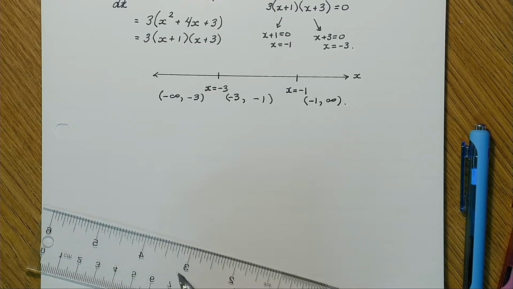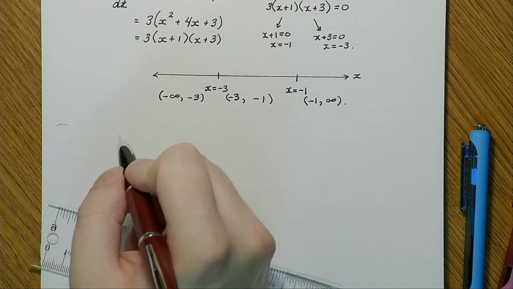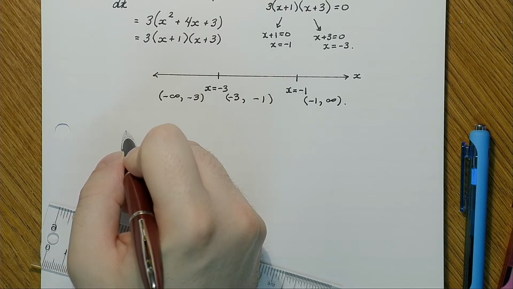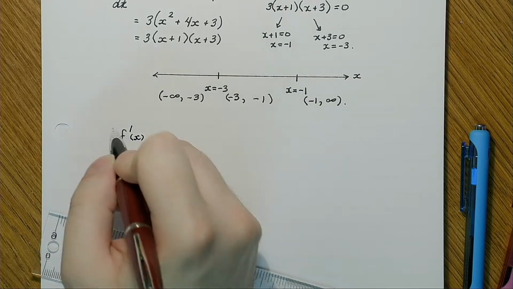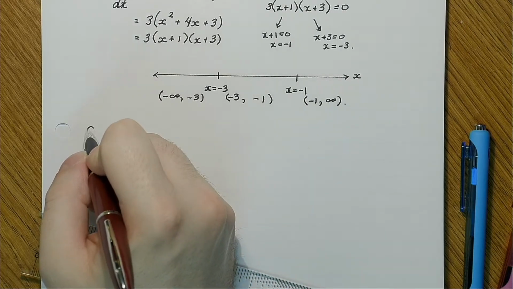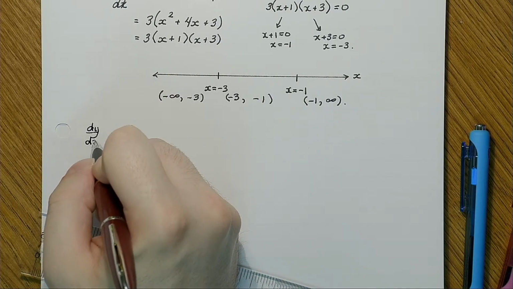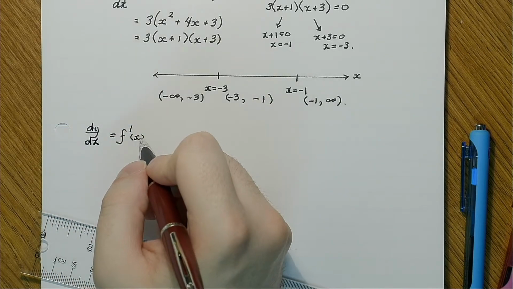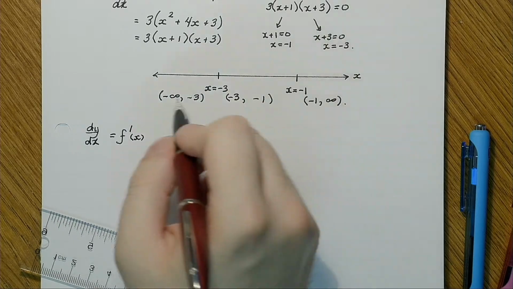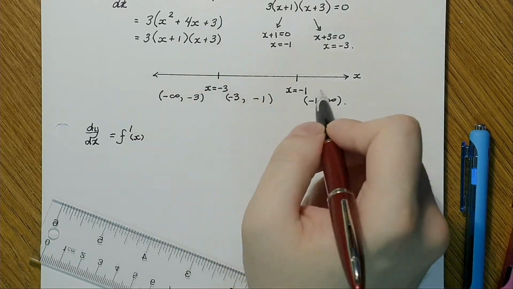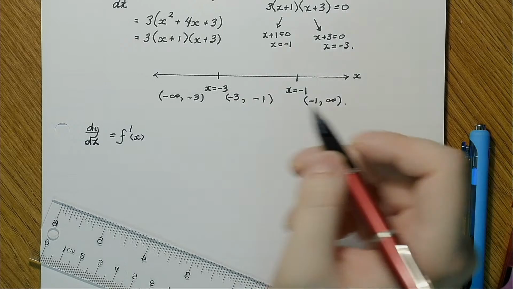And so what I need to do is I need to figure out, and this is also equivalent to my dy by dx, on this interval here, is this positive or negative? Is this positive or negative? And same thing, is this positive or negative?